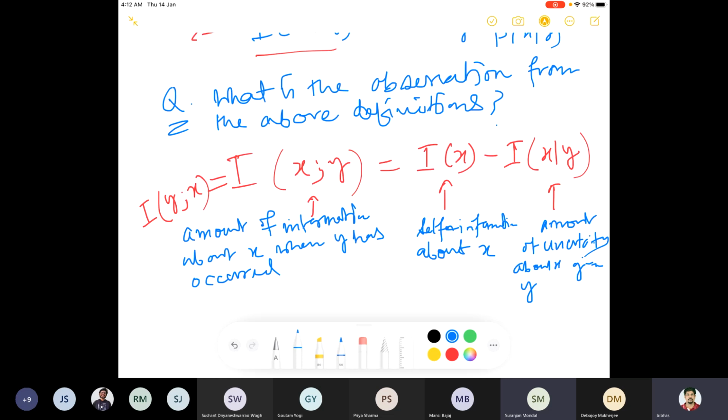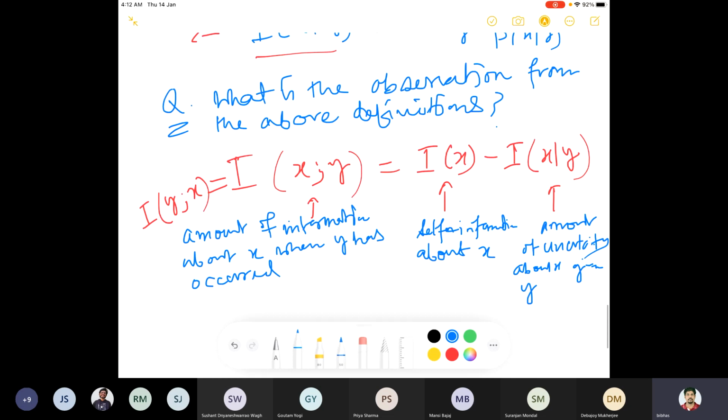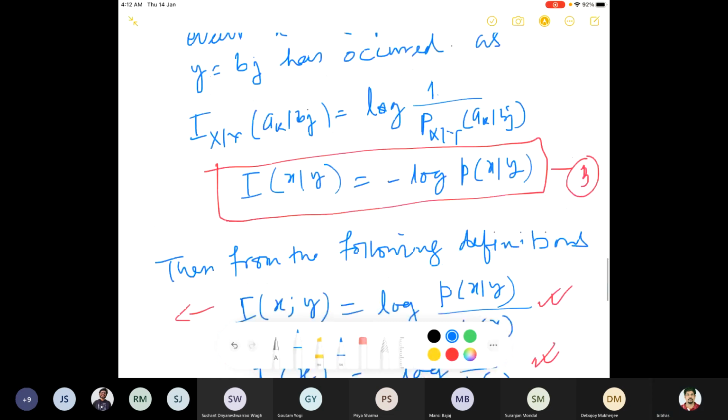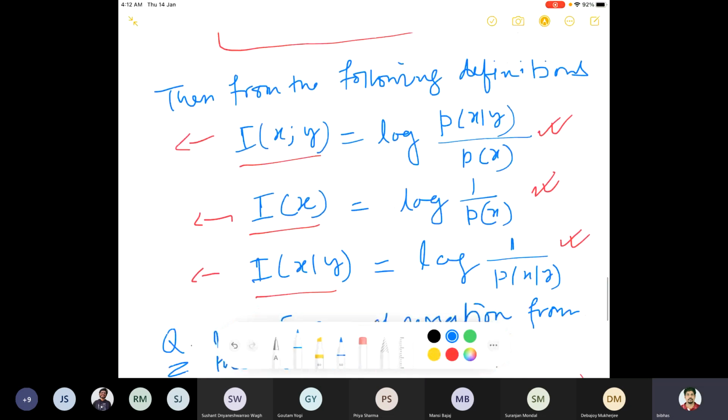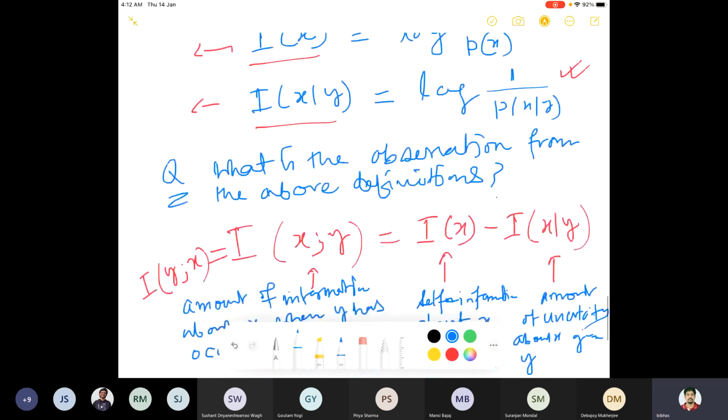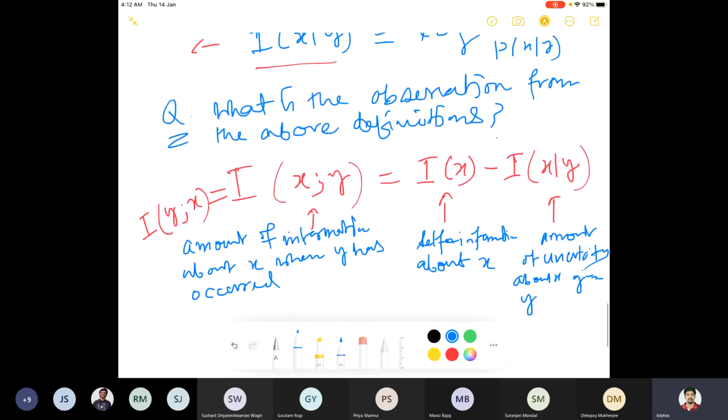So yeah, you can say self information of X given Y. This is what it is. Conditional self information. Self information is highly related to uncertainty. You can say this instead of uncertainty, also self information. This conditional self information, no problem.